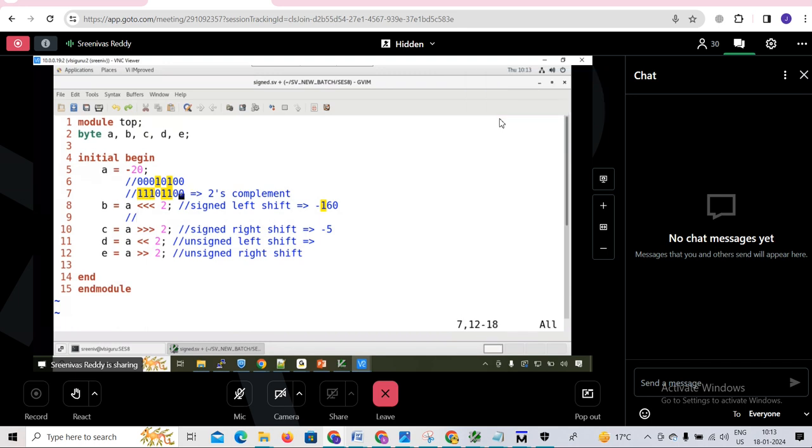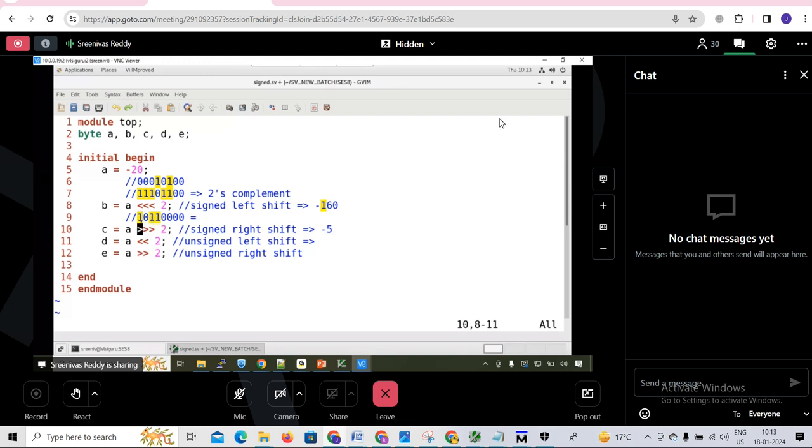If you take the same thing, these two will go out. In the end, 2 zeros will come. What will this be treated as? Some other number, basically. Since it's a signed one, it should treat it as, let's check that part.